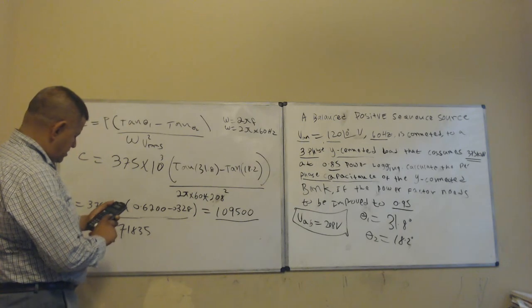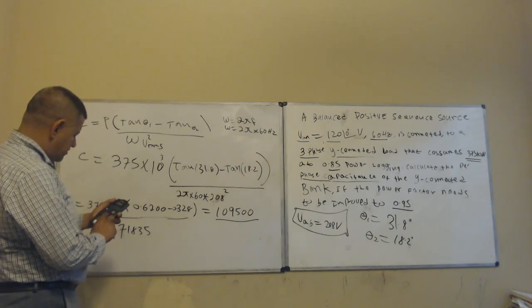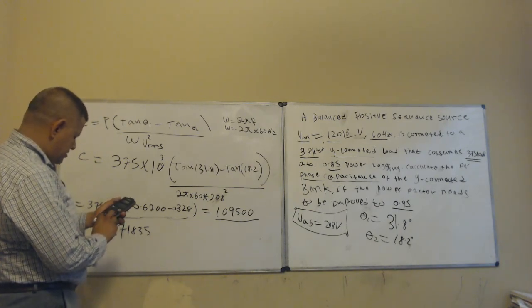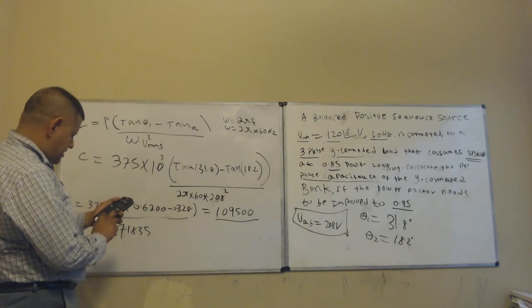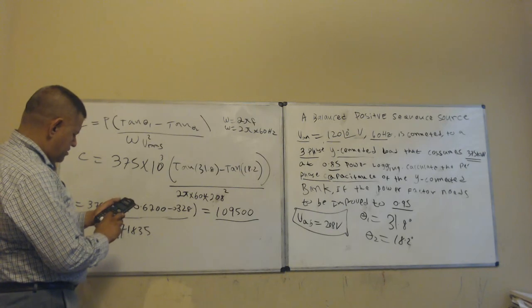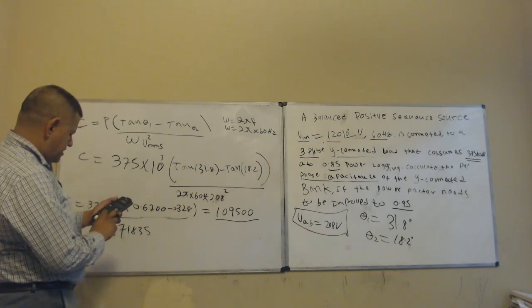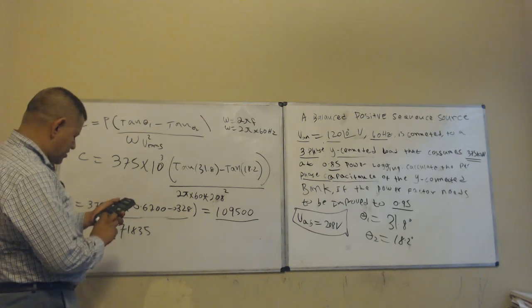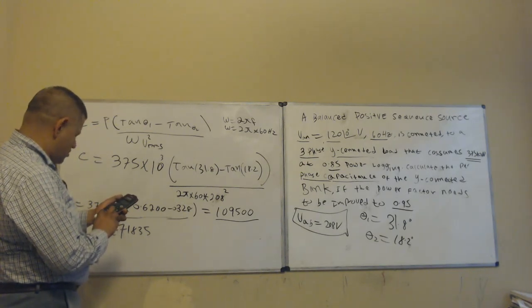Okay. Do I have to follow the order of operations? 109,500 divided by 271,835.